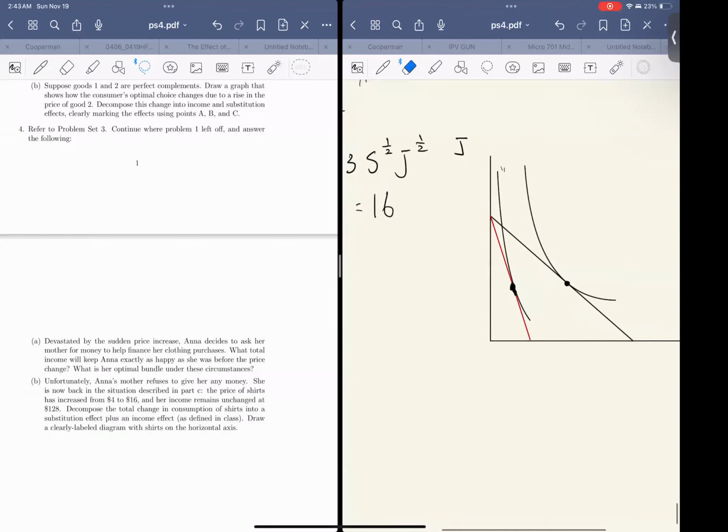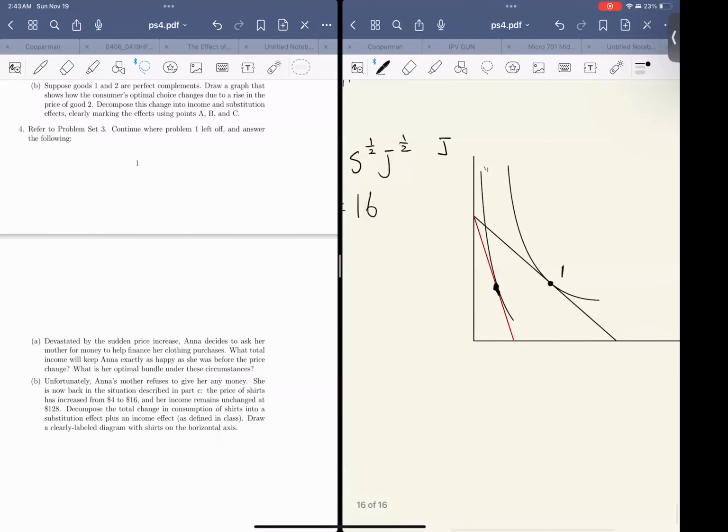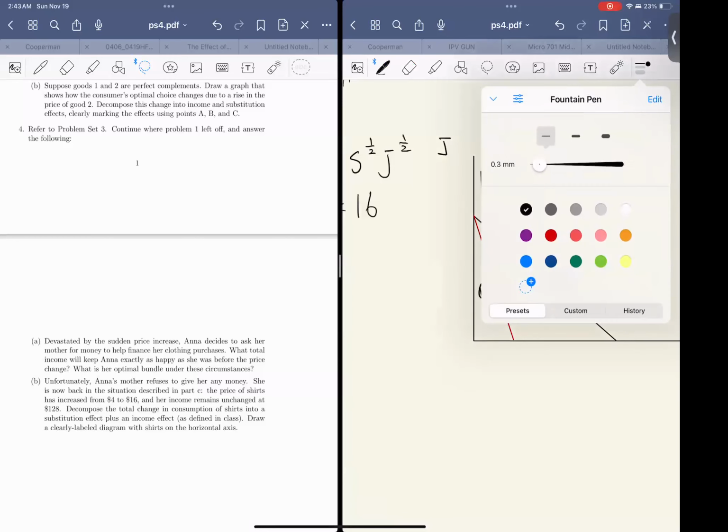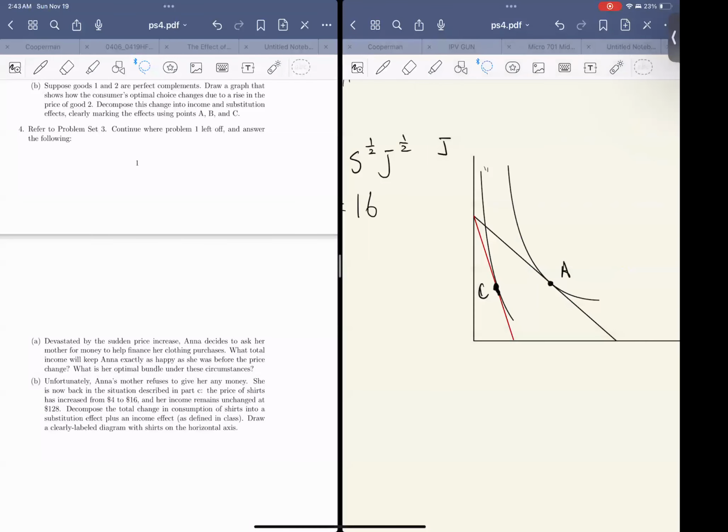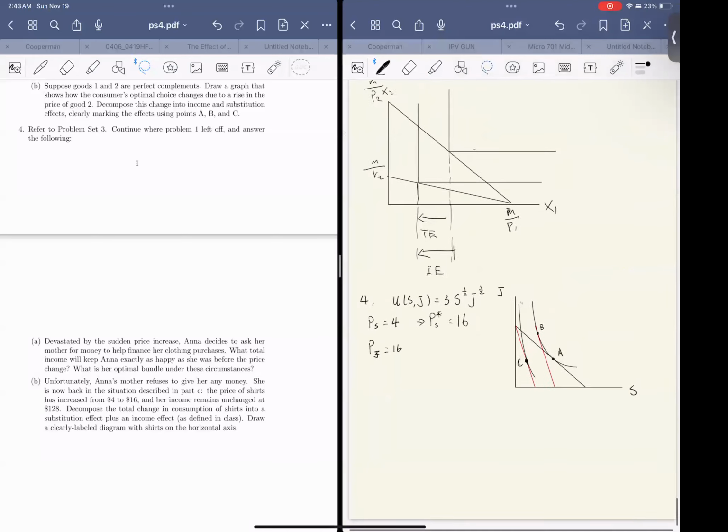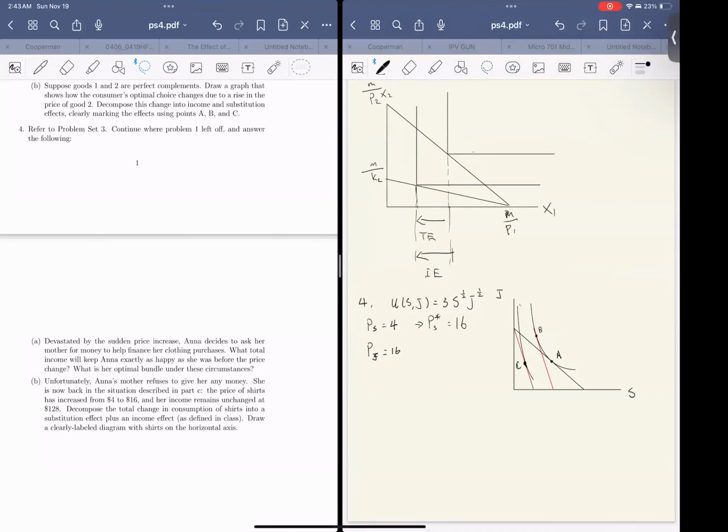Yeah. Okay. So we have bundle A, bundle C, and bundle B. I don't know if it's exactly look like this.